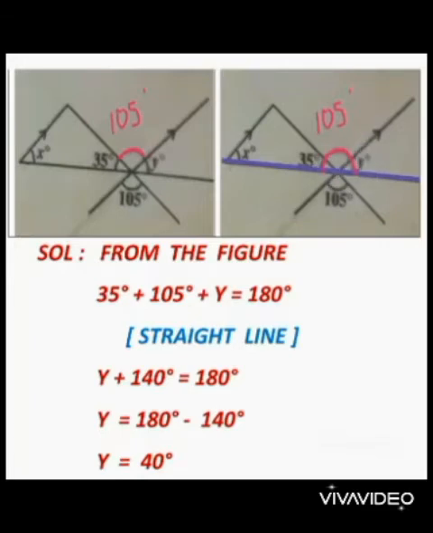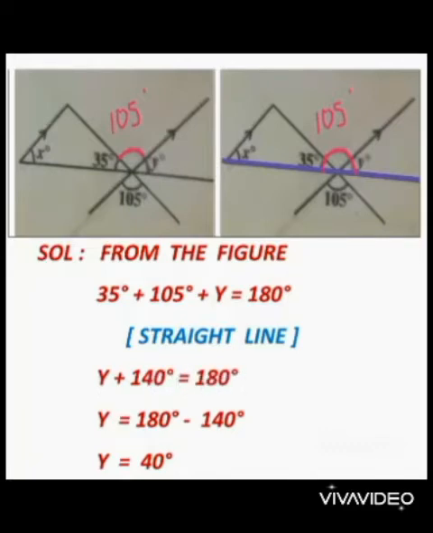So, 35 degrees plus 105 degrees plus y degrees is equal to 180 degrees. Straight line. Now, let us add 35 degrees plus 105 degrees, which is equal to 140. y plus 140 degrees is equal to 180 degrees.